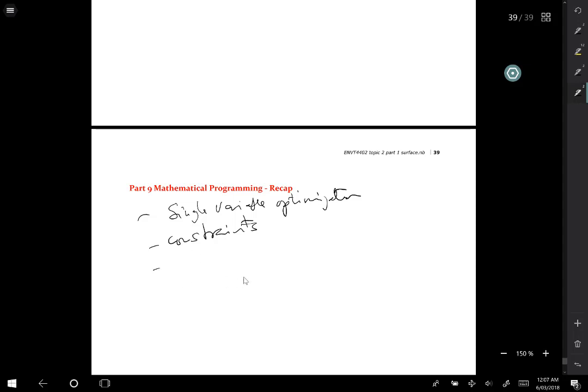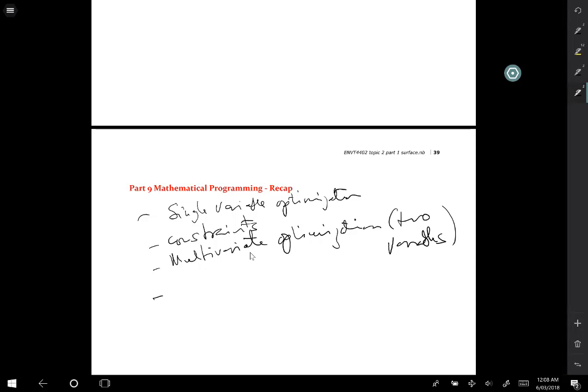We then started to look at multivariate optimization, but we just restricted ourselves to 2 variables. But don't be disappointed, you'll have to deal with more than 2 variables when it comes to solving the problems on the computer.